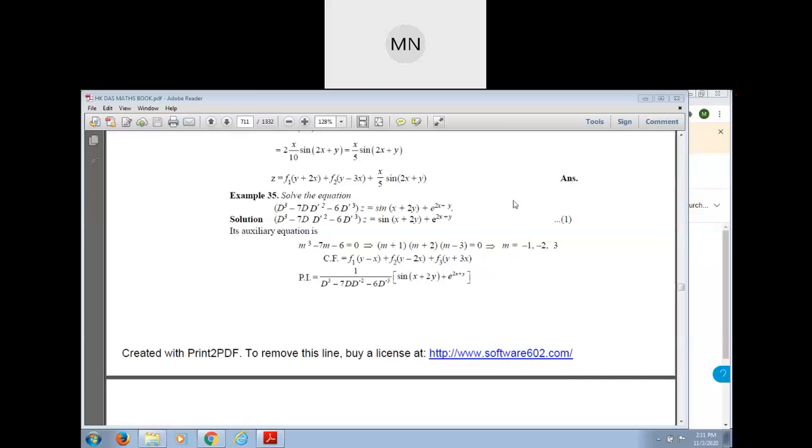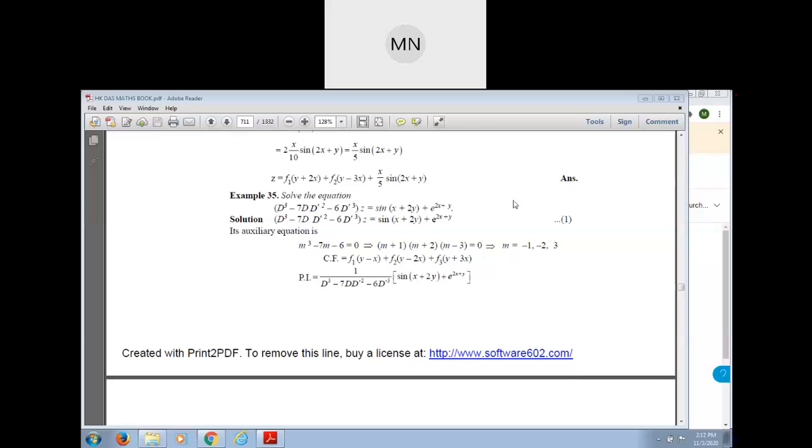So we have to divide this term by m plus 1. Because when we put m equals minus 1, it gives 0, so m plus 1 is a factor of this equation.